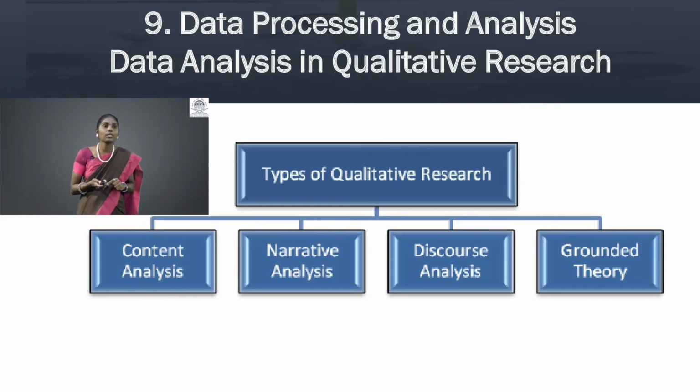The data can be analyzed using any of these types. There are different types of qualitative research: content analysis, narrative analysis, discourse analysis, and grounded theory. We will look into these in detail. So the first one is content analysis.